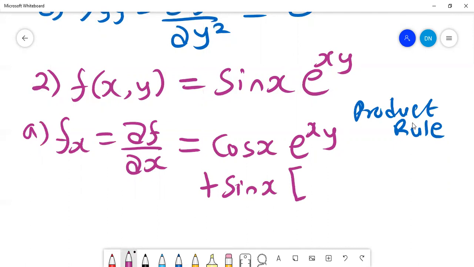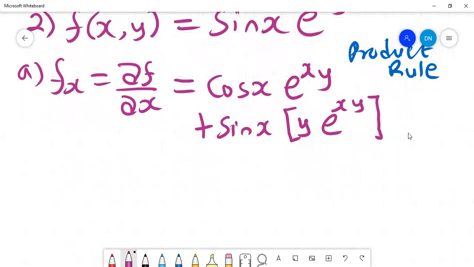You take the power, and the power is xy. We differentiate with respect to x, so you get y e raised to the power xy. So that is the first derivative of f of xy with respect to x, the partial derivative, not the full derivative.